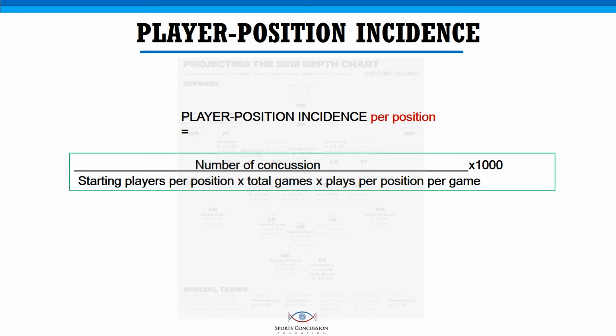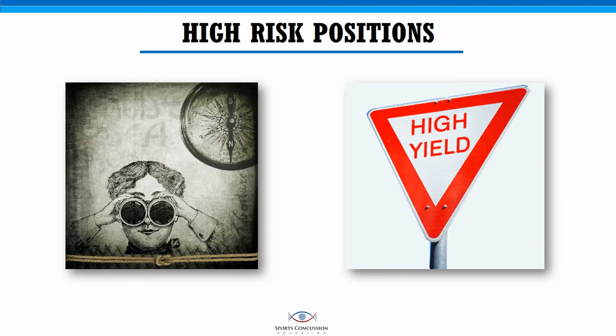The play position incidence uses gameplay incidents and then calculates in the number of plays a position participated in based on either offense or defense. The player position incidence provides an even more accurate assessment of concussion incidents. Thankfully, we've synthesized all this data and bring it to you high yield and ready for consumption. Combined, this data gives you knowledge to be an expert at identifying concussions.